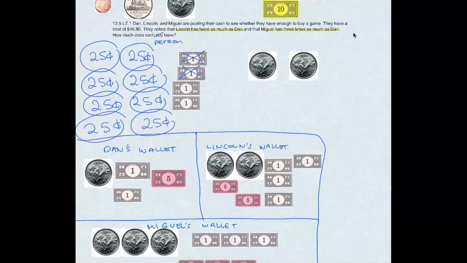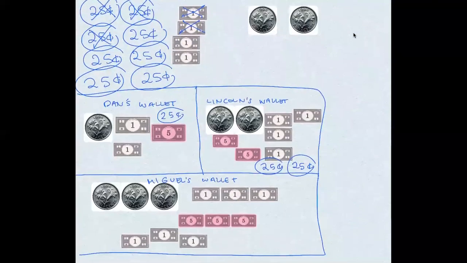And then I'll give 1/4 to Dan, 2/4 to Lincoln, and 3/4 to Miguel.